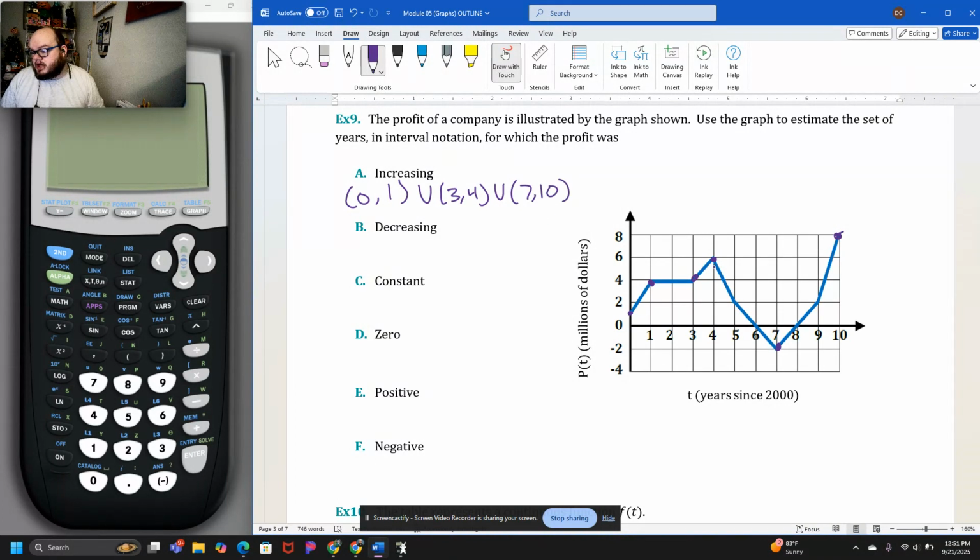Decreasing appears to happen from what? Year 4 to year 7. It was constant between years 1 and 3. Profit was 0. The x-intercepts at years 6 and years 8.